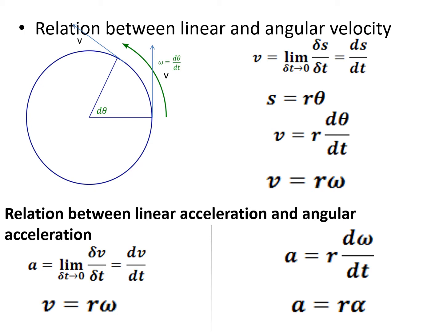Let us see what is the relation between linear acceleration and angular acceleration. The instantaneous linear acceleration A is equal to the limit as delta t tends to 0 of delta v upon delta t, which is equal to dv upon dt. Substituting the relation between linear and angular velocity as v equals r omega, we can write A equals r d omega by dt. Therefore, A is equal to r alpha.